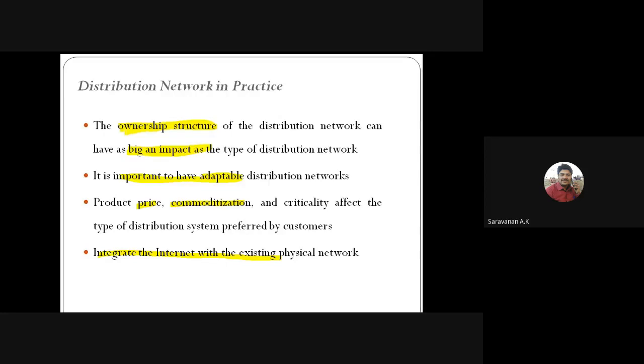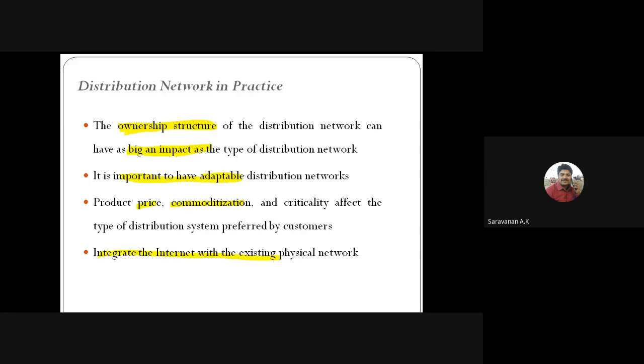Then the third one is product prices and commoditization and criticality, right? Critical products sometimes critically affect the distribution network system preferred by the customers. The interactions between the buyers and the sellers can take time and some resources, right?